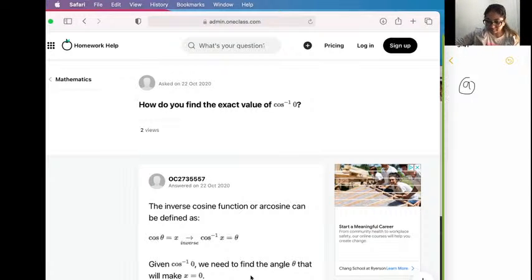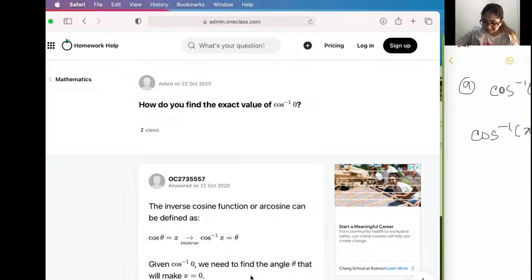So cos inverse of 0. What this is basically saying is cos inverse of x has to equal 0. So we're basically trying to find x in this case.